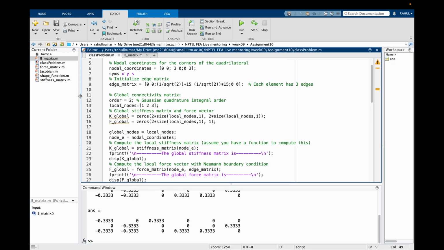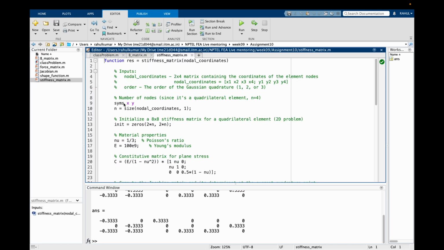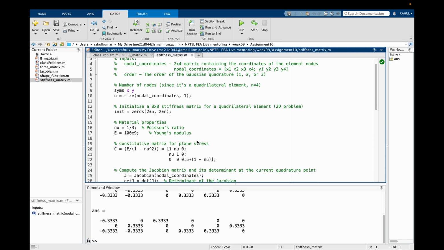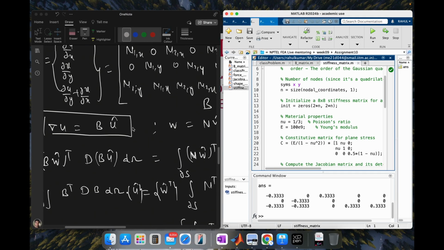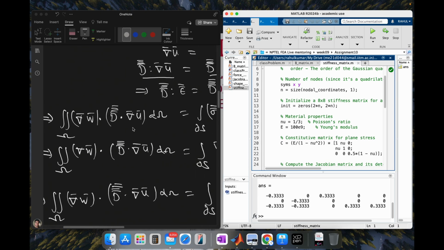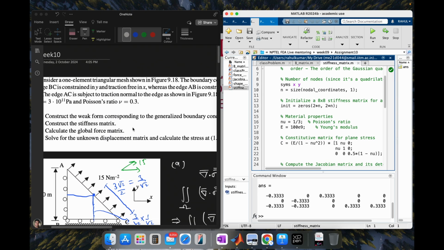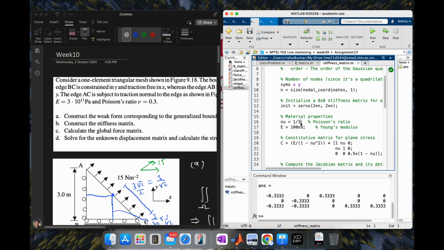Now if I go to the stiffness matrix, everything is fine. Yeah, here we need to change the data, because what is the value of nu? Nu is 0.3, and what is E? E is 3 times 10 to the 11.